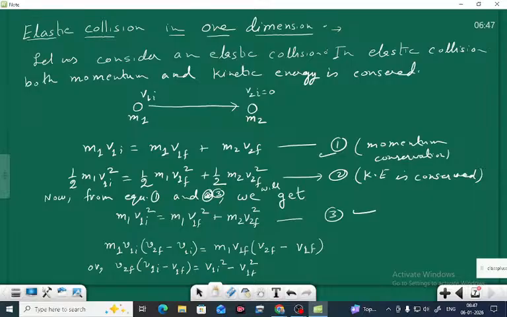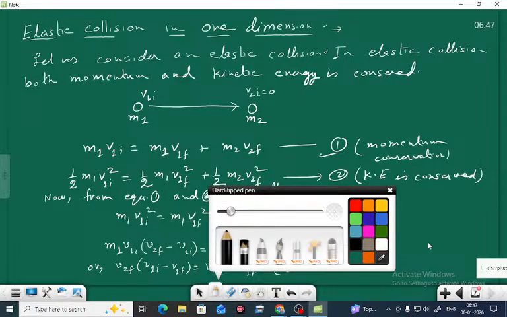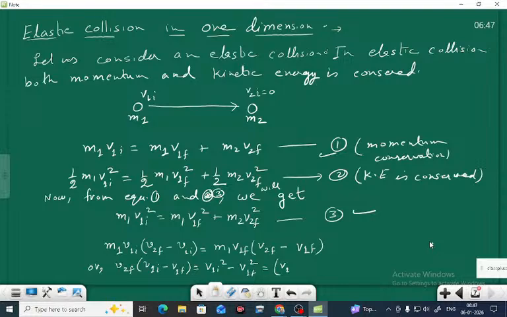Or it can also be written as v1 initial minus v1 final into v1 initial plus v1 final.